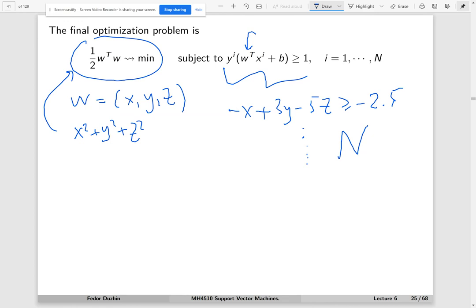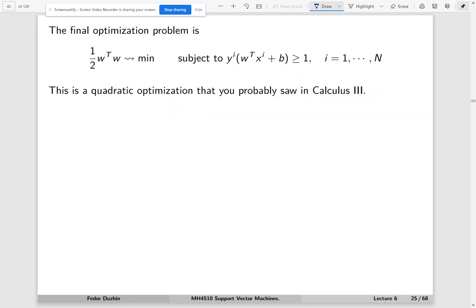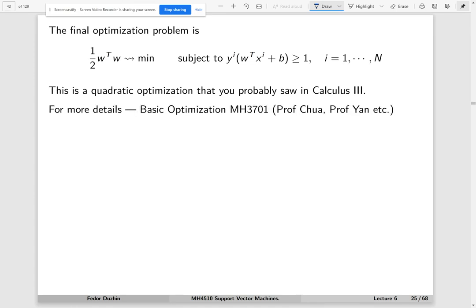In any case, this is something familiar. In the case of just one objective function and one inequality, you probably saw it in calculus: find the maximum or the minimum of some function subject to certain constraints. More generally, if you took a basic optimization course, from Prof. Cho or Prof. Yan, who is now teaching, you are probably more familiar with this. There is a big theory behind it, with certain conditions.